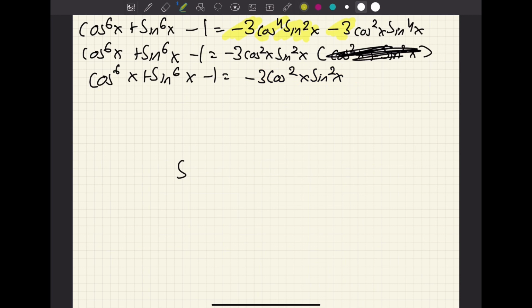Let me just remove this. Unfortunately, I have to rewrite this because that's just how maths in A-levels is. You have to rewrite this over and over again. So minus 3 cos^2 x sin^2 x. Actually, how do I explain this to you? Let me think.